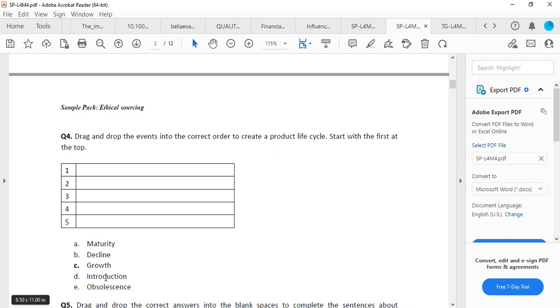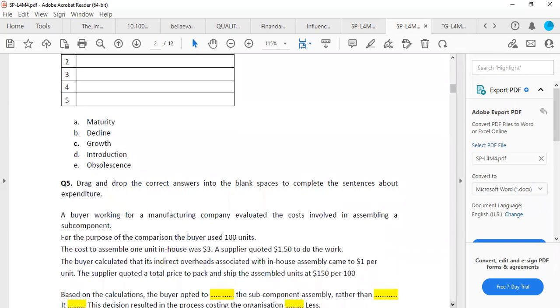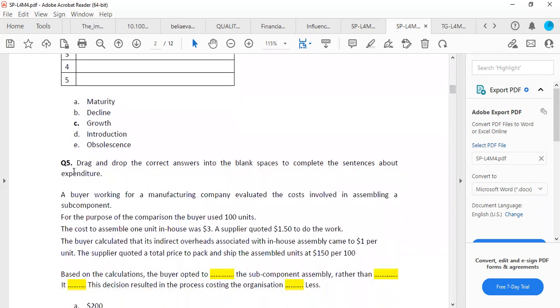The last one is obsolescence. So we have maturity, decline, growth, introduction, obsolescence. What's the order? Introduction. Then after introduction, growth. After growth, maturity. After maturity, decline. After decline, obsolescence. Yeah, so obsolescence will be the last. Okay.